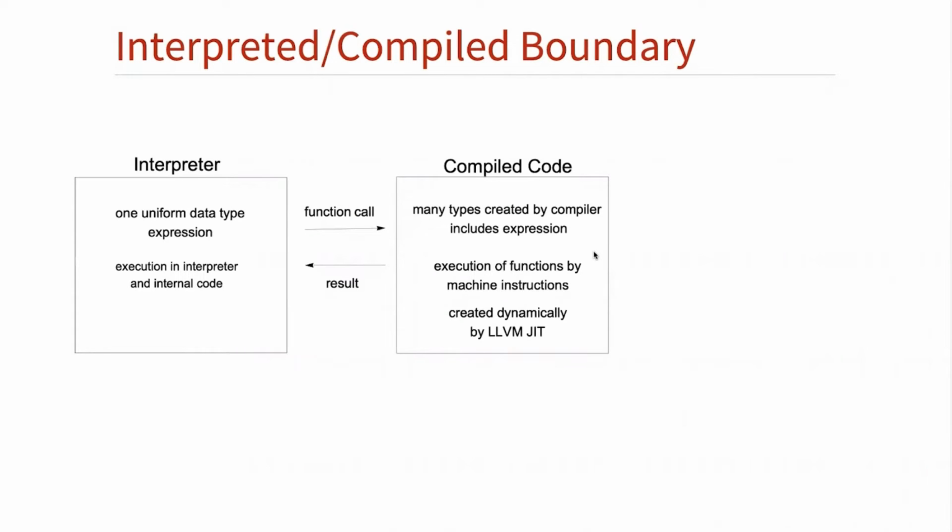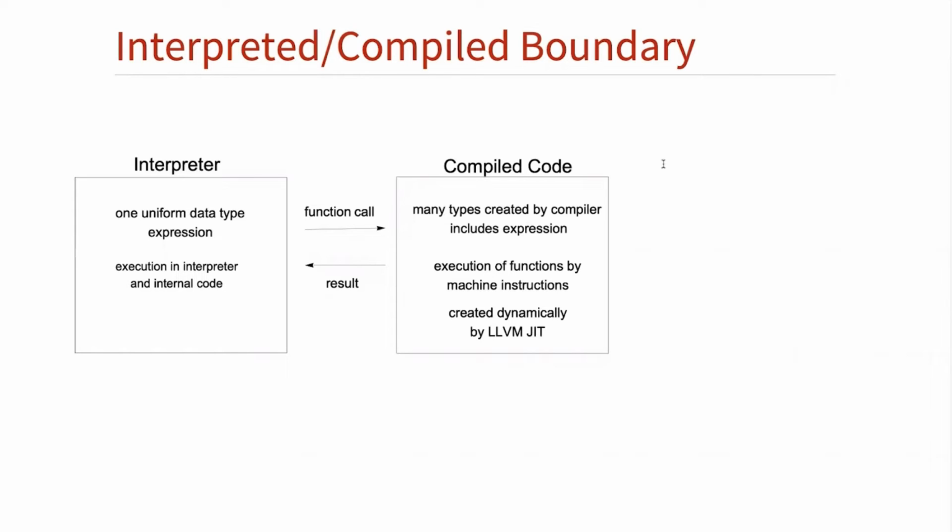So here we have the Wolfram interpreter, which has this one uniform data type, and the execution of functions takes place in the interpreter that might be calling internal code. Then we make a function call into compiled code. And in the compiled code, there are many types created by the compiler. One of those types is the expression that the interpreter uses.